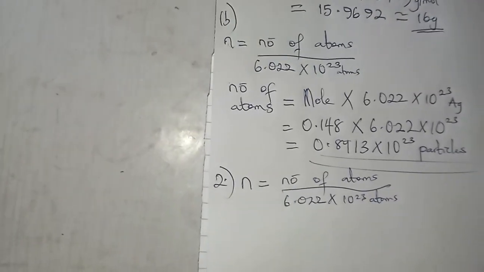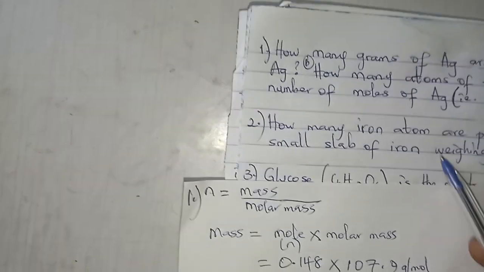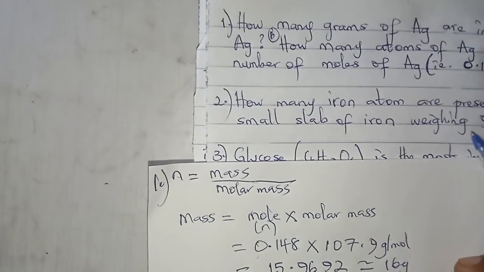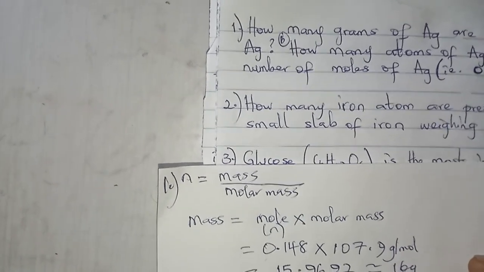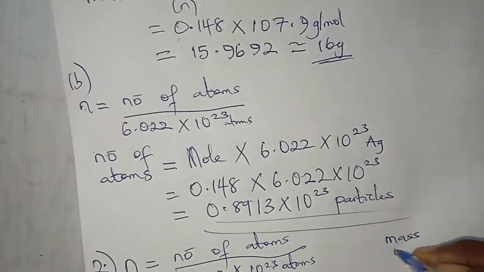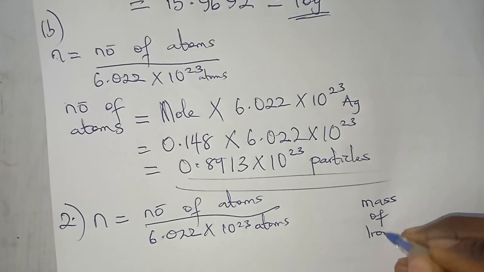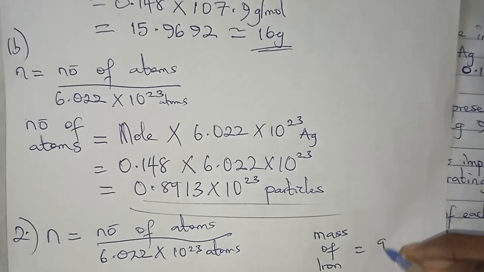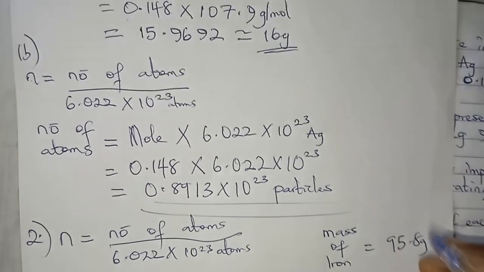If I know this, I need to remember, look at this. They gave me what the iron is weighing, that's the mass of iron. So the mass of iron given to me is equal to 95.8 grams.